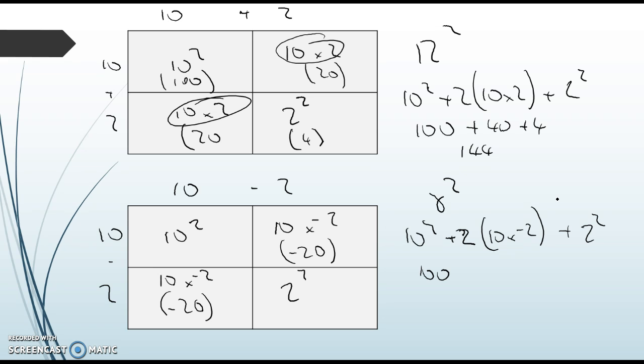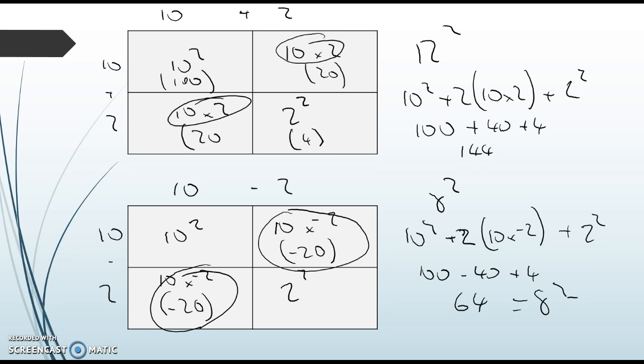So 10 times negative 2, which is negative 20, times 2, which is negative 40, minus 40 plus 4. So we have 60 plus 4, which is 64, which is the same as 8 squared. So again, we have this same pattern here. We've got a negative there now, but it's actually the same pattern.